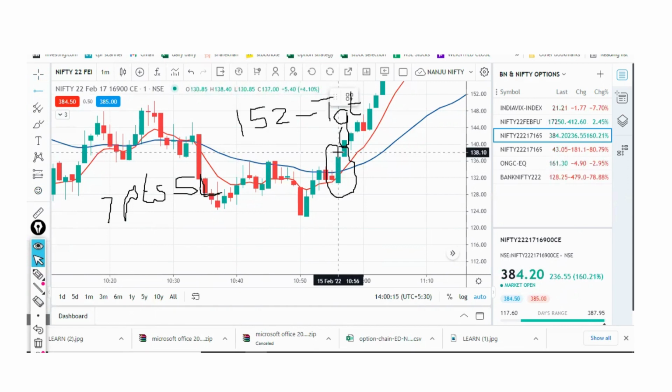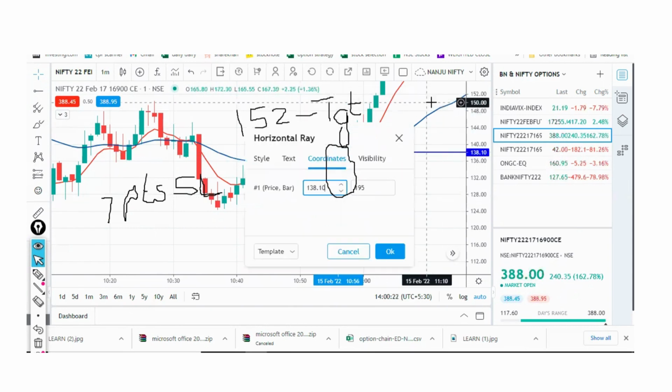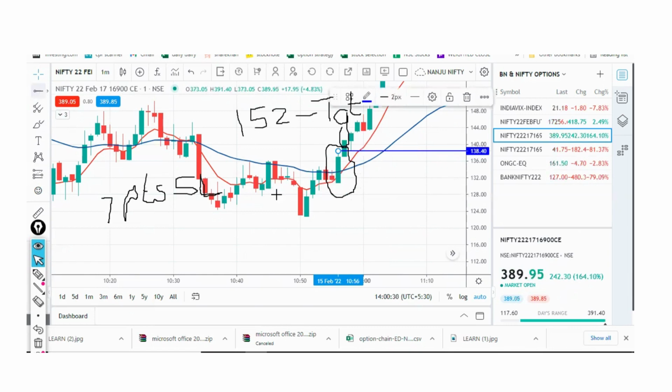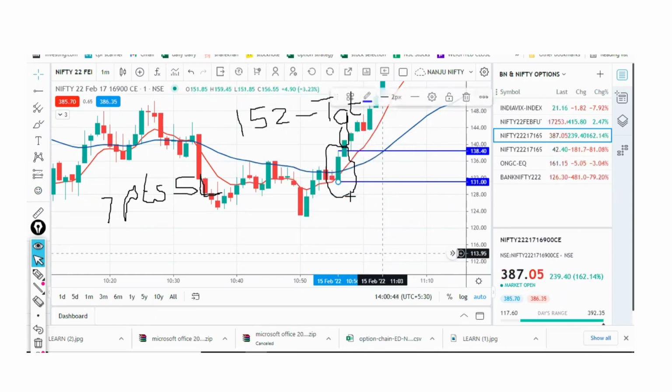The high of this candle is 138.4 and the low of this candle is 131. So the range of this candle, 131 and 138.4, is 7.4.